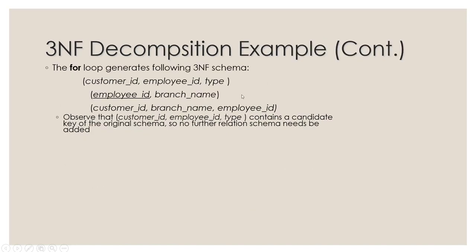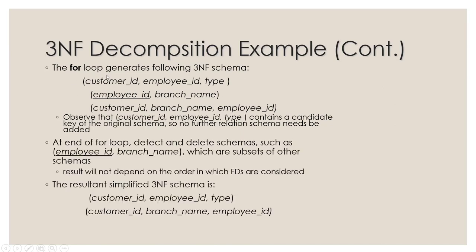So we were able to come up with these 3. Sometimes you will see that one of these is a subset of another. Here we have employee ID and branch name, and here we have employee ID and branch name and customer ID. So this is redundant, so we can get rid of the second one, and we are left with the first and the third.